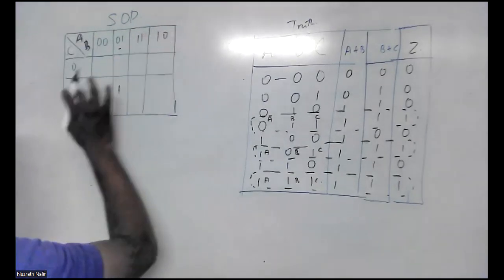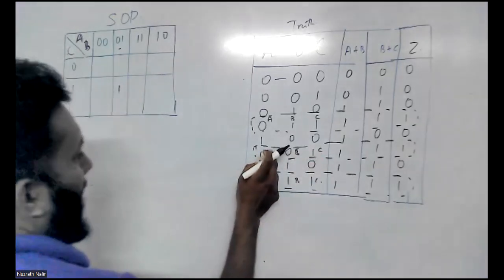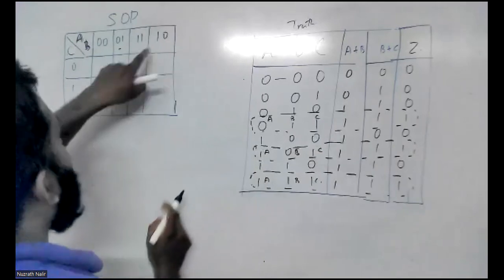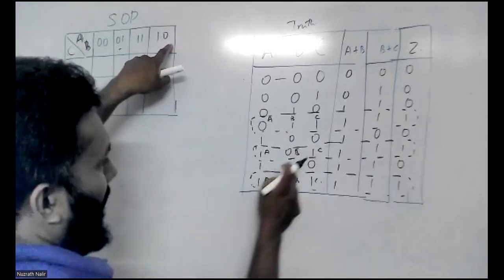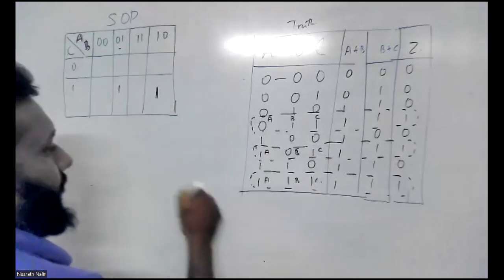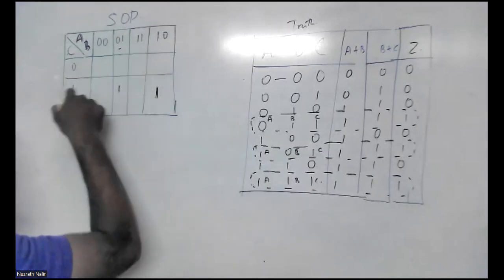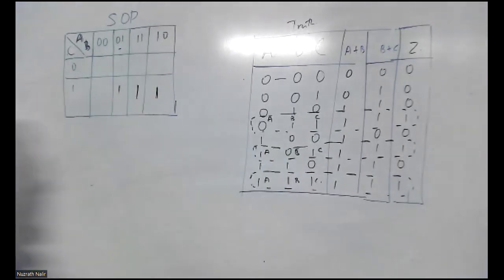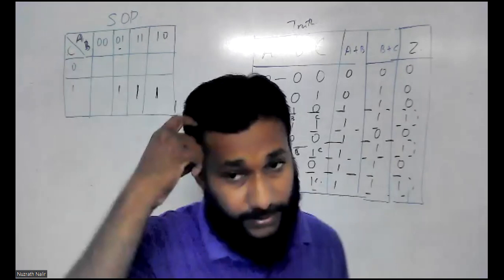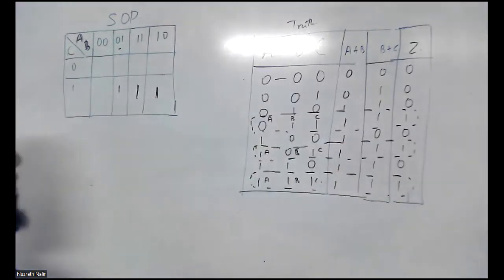Next one is 1, 0, 1, which means A is equal to 1, B is equal to 0, and C is equal to 1. And the next one, A, B, C are all 1: 1, 1, 1. So this is your Karnaugh map. Clear? That is for the SOP. In the meantime, I'll just draw the POS concept also.